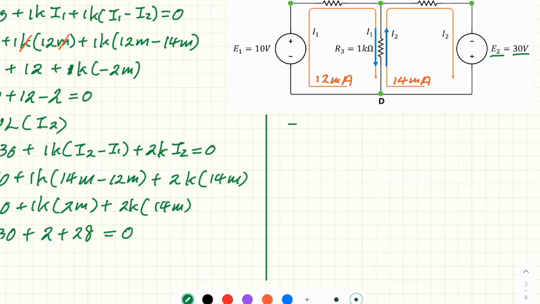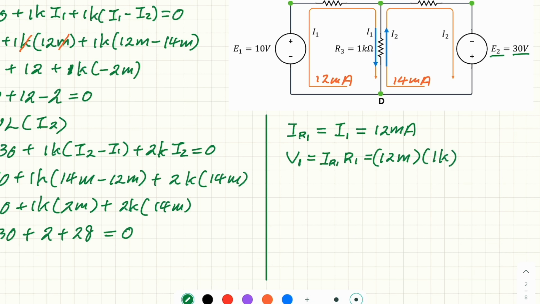The current IR1 passing through resistor R1 is equal to I1, which is 12 milliamp. The voltage across R1, VR1, equals IR1 times R1, 12m multiplied by 1K. So this is 12 volts.